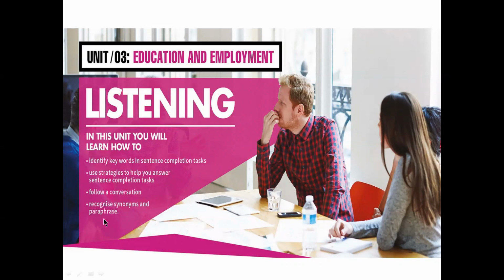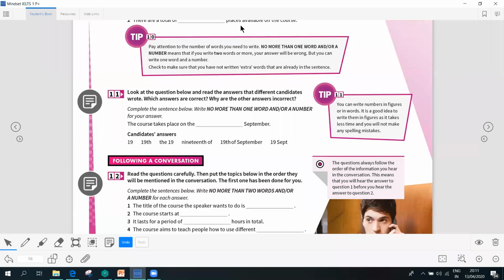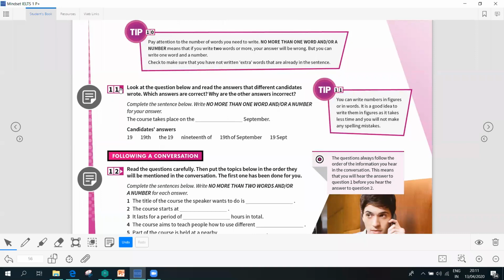Let's take a look at the task. Task 11. Read the tip. You can write numbers in figures. You can write in figures or in words.